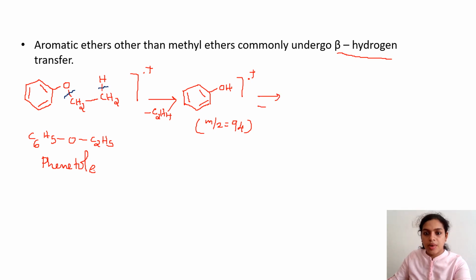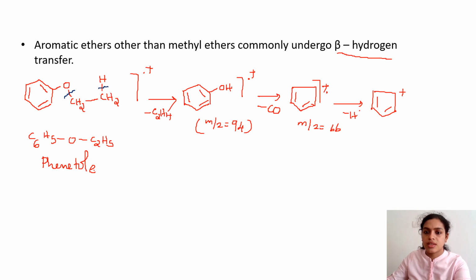And now from here, neutral carbon monoxide is eliminated to give a species like this with m/z equal to 66. Sorry, a small correction here, it was dot plus.